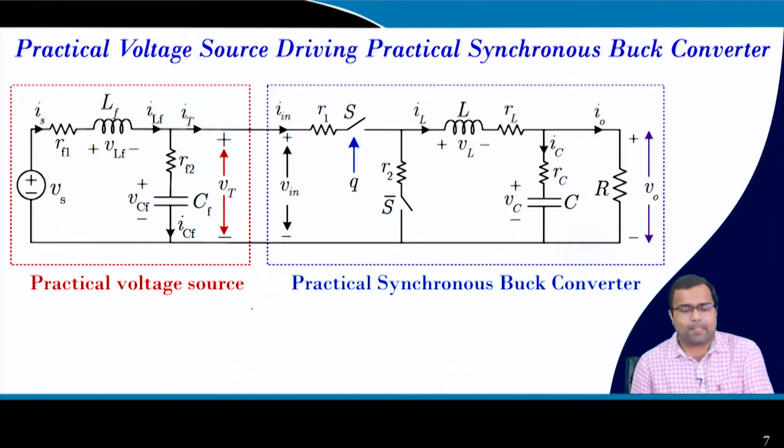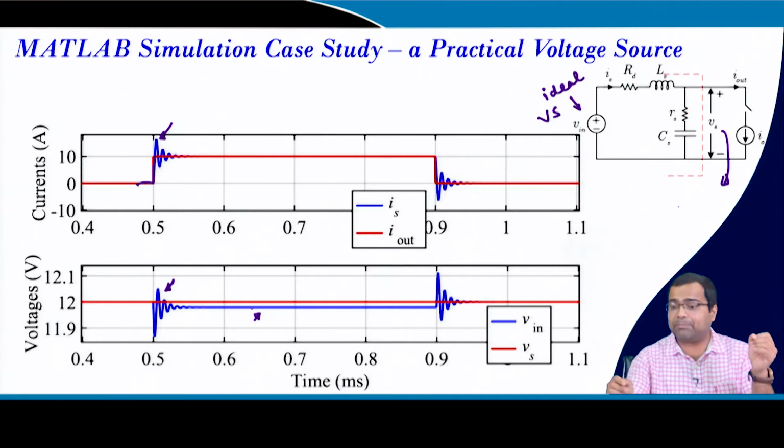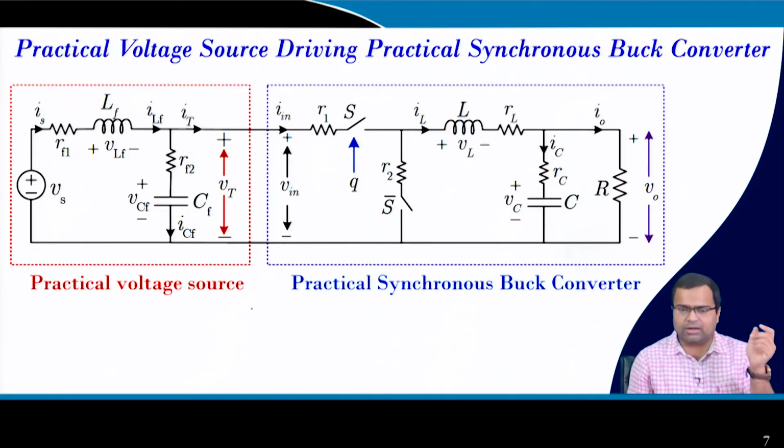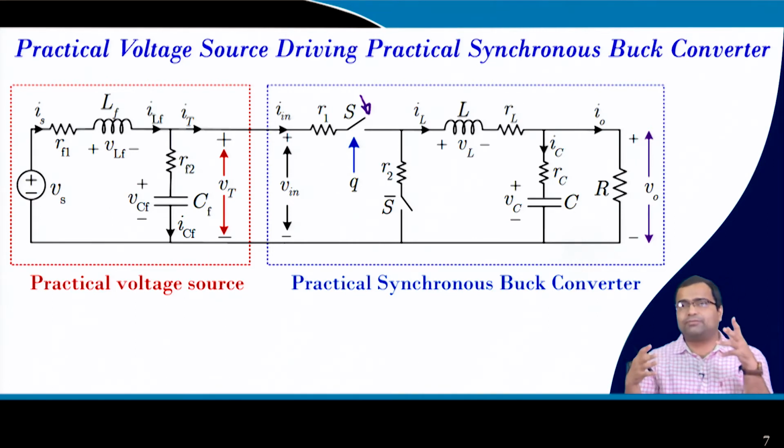We are familiar. Now, for the practical voltage source driving a practical buck converter, we know the input current of a buck converter is discontinuous. Earlier we considered a pulsating current externally by putting in a current source and turning it on and off. But now, when you connect such a source to a DC-DC converter, since there is a switch and this switch turns on and off, the input current of the buck converter is discontinuous.